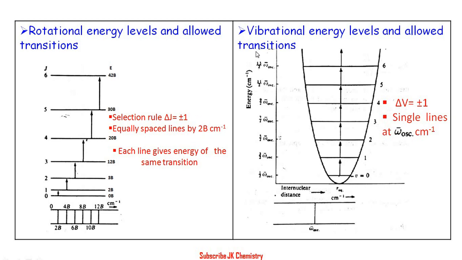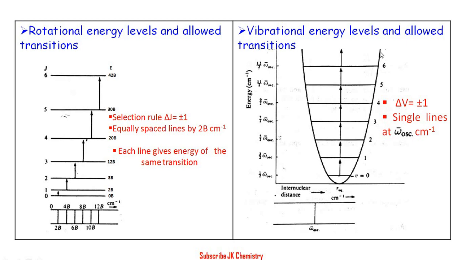The same way you can see vibration energy levels and allowed transitions. Here the selection rule is delta V is equal to plus or minus 1. Here we know that it is a simple harmonic oscillator, so you can have this kind of energy diagram from half kx square. That is its equation, a quadratic equation.